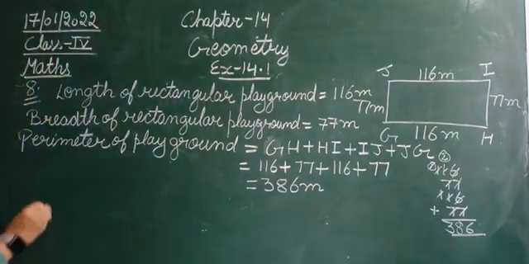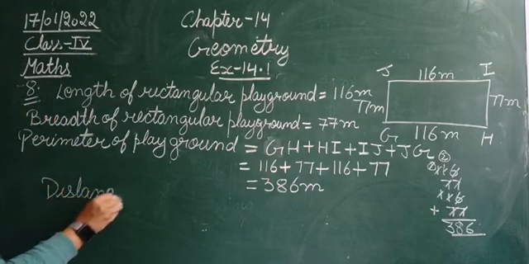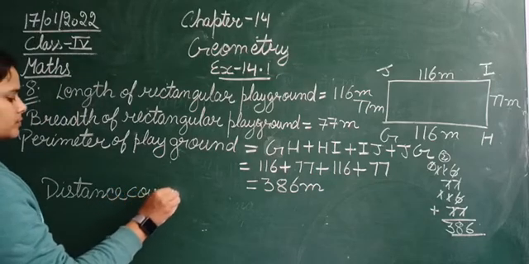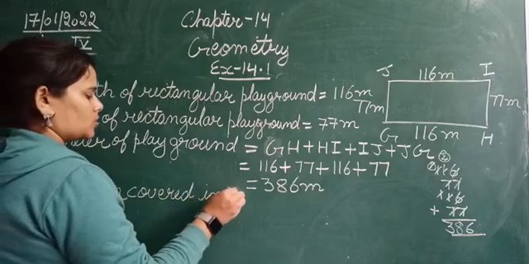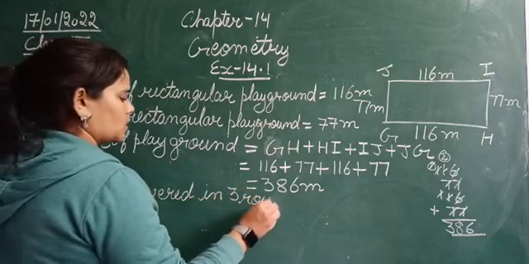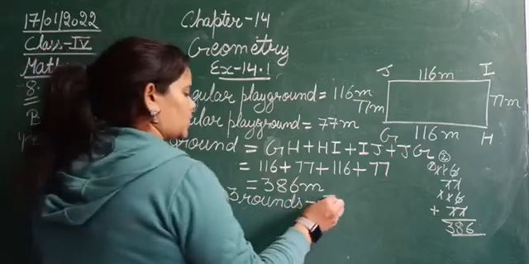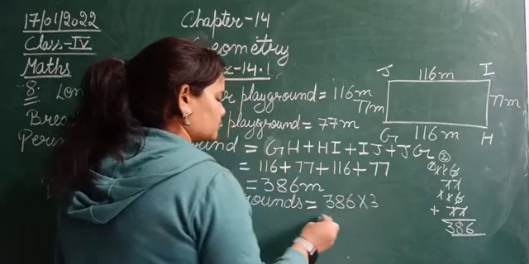Distance covered in 3 rounds is 386 meter into 3.